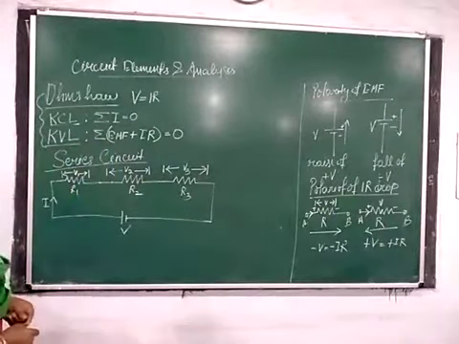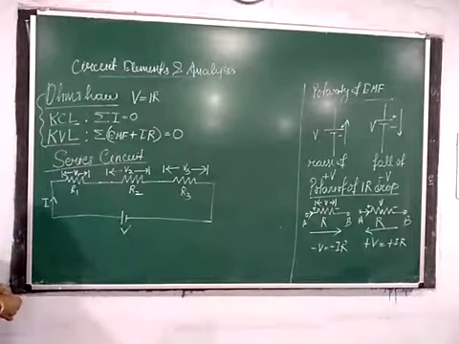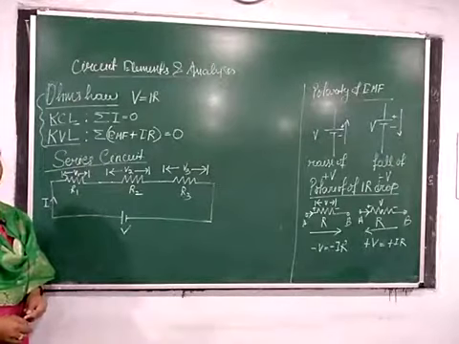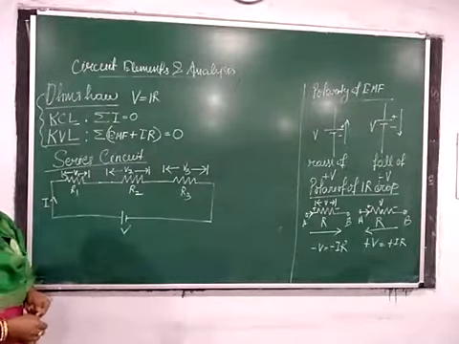Here we first find the KVL equation. For the KVL equation, first you take the direction of loop current, either clockwise or anticlockwise.